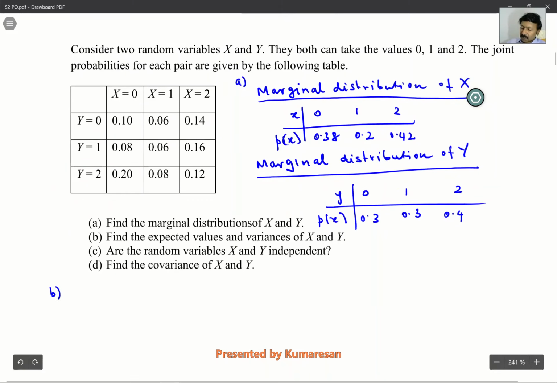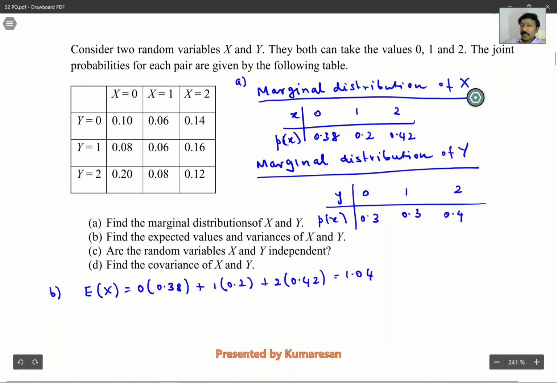The second question is to find the expected values and variance of x and y. Expected value of x is the value of x times the corresponding probability. So 0 times 0.38, 1 times 0.2, plus 2 times 0.42 to get 1.04.